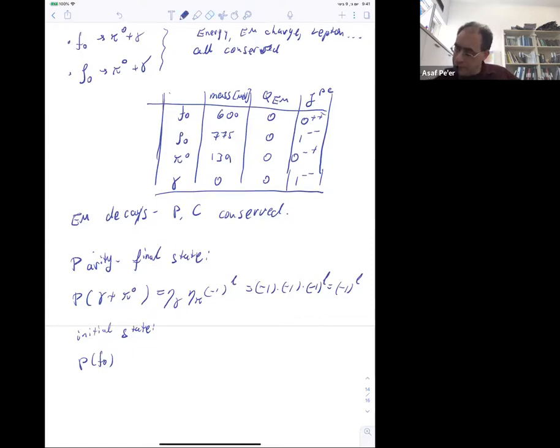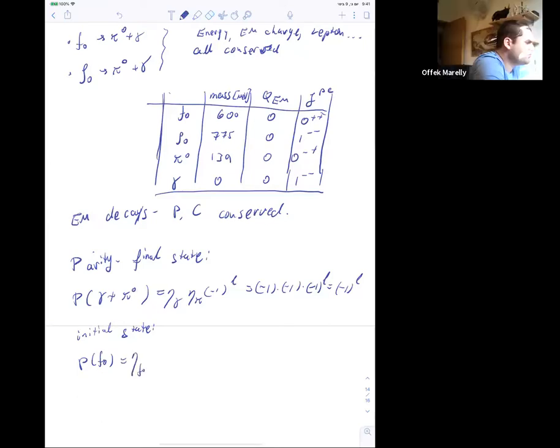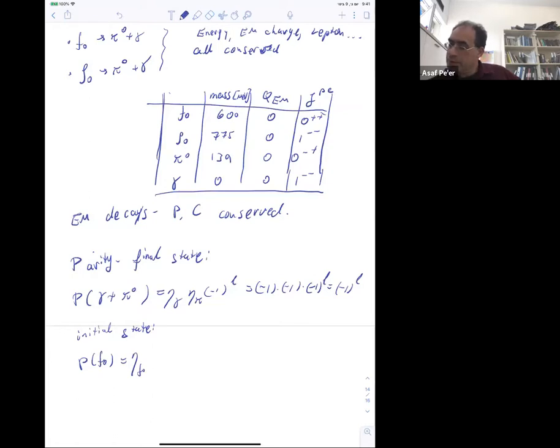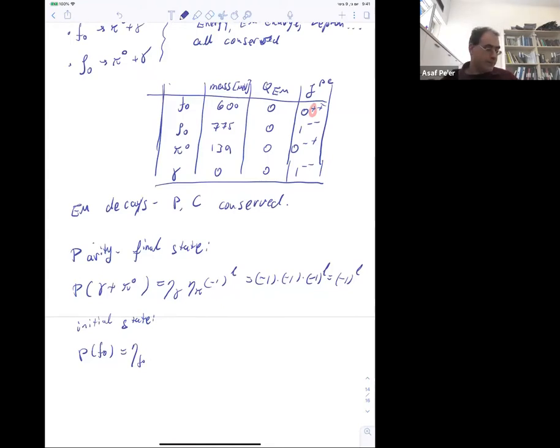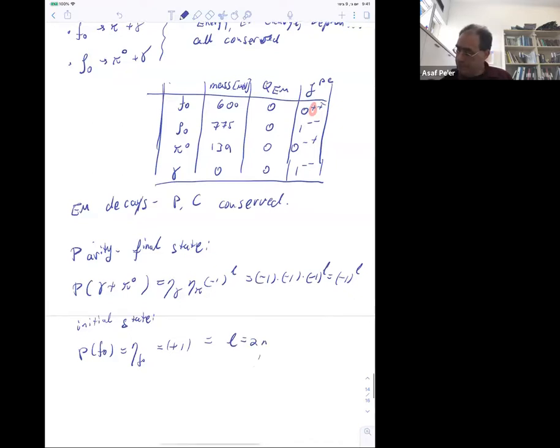It's plus 1. So the initial and final states are equal if L is equal to 2n, where n is a natural number.